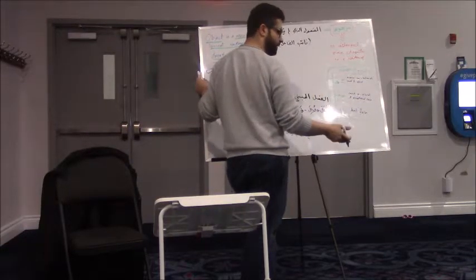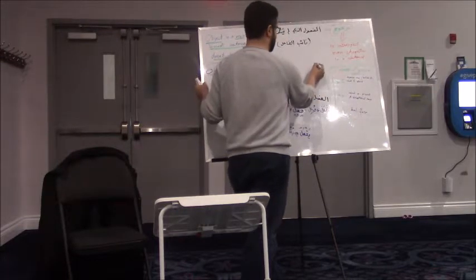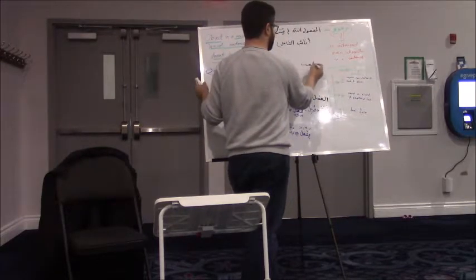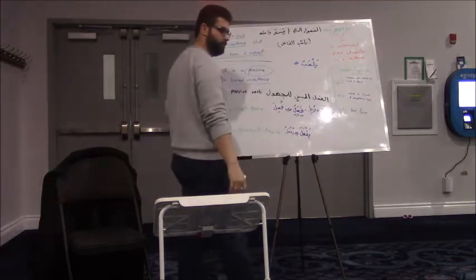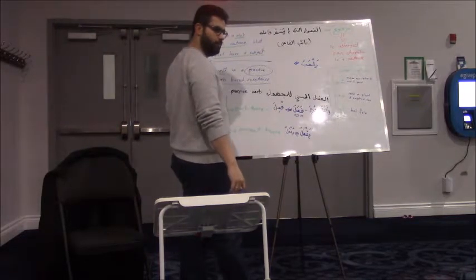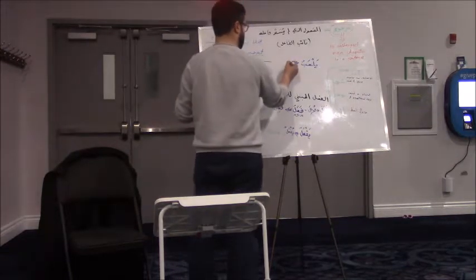Don't give me a vowel at the end immediately. Give me regular stuff until we come to the vowels. So yal'ab. How would you convert it into a passive verb? What would you say? Yul'ab, right?